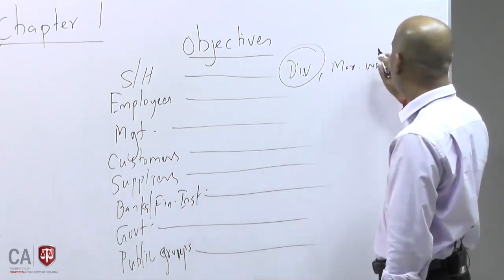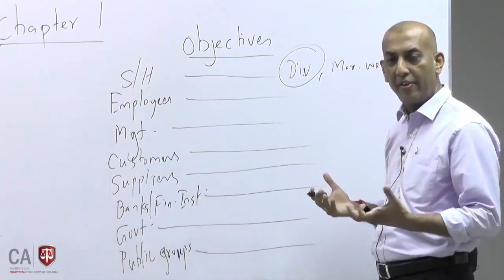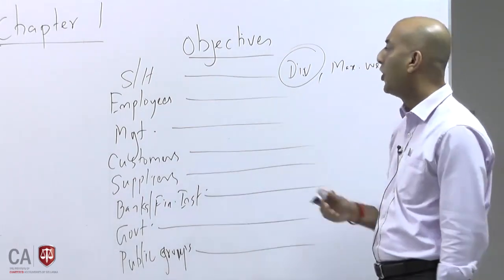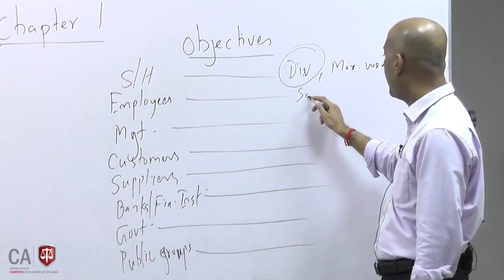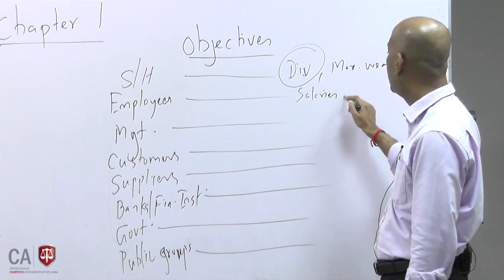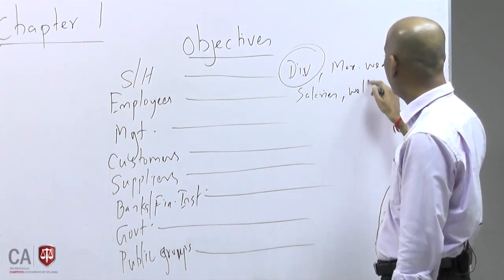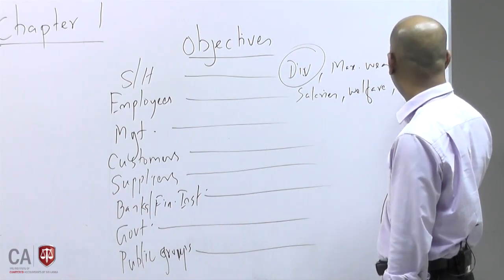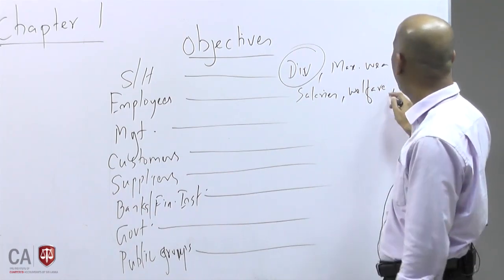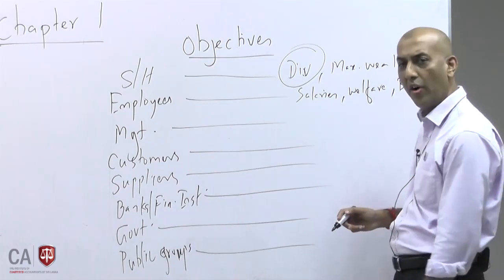So dividends and maximizing wealth are the key objectives or key purpose of your shareholders. Employees want their remuneration, or we call it salaries, and other welfare-related and other benefits. So salaries, benefits, welfare, all that employees look for.